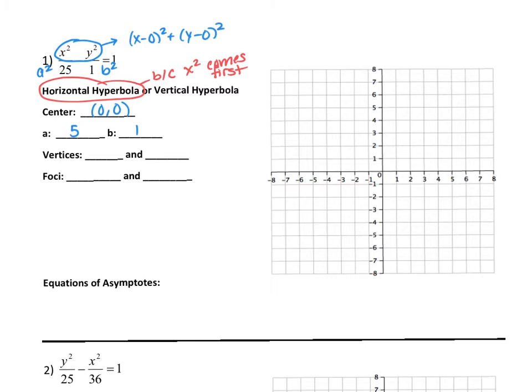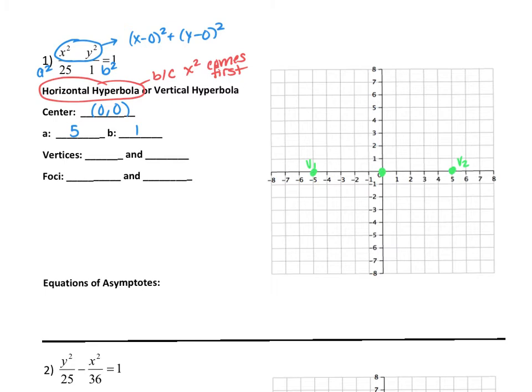Now to get the vertices and the foci and the equation of the asymptotes, we have to graph. So let's go ahead and plot what we have so far. My center is at 0, 0, so I'm going to plot that there. My vertices will lie on the transverse or major axis, if you want to think of it that way. So we're going to go 5 to the right, 5 to the left, and we'll call this V1, and this V2.